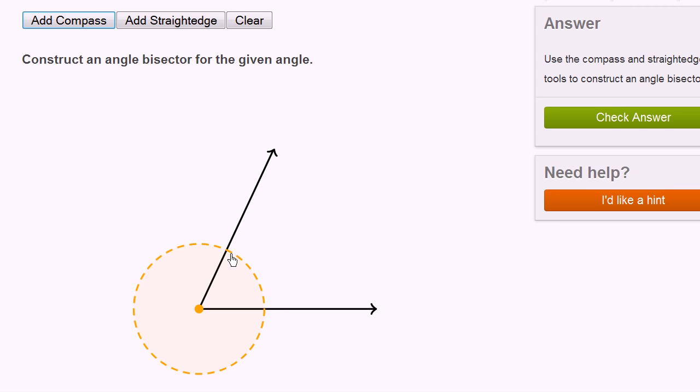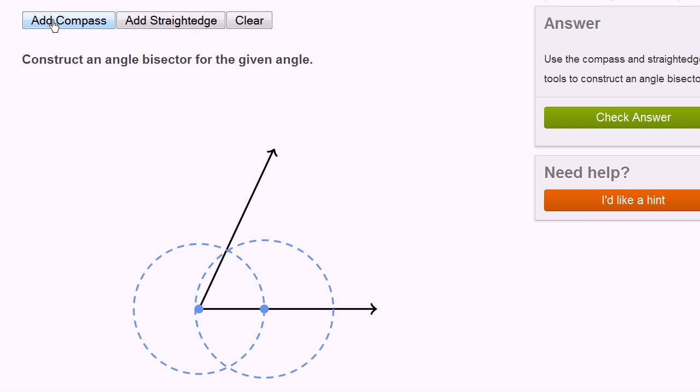Now, what I want to do is construct a line that is equidistant from both of these points. And we've done that already when we looked at perpendicular bisectors for lines in this construction module. So let's do that. So let's add our compass. This circle is centered at this point, and it has a radius equal to the distance between this point and that point.